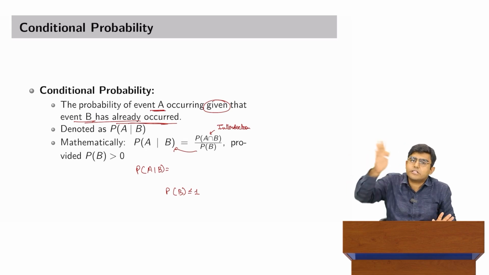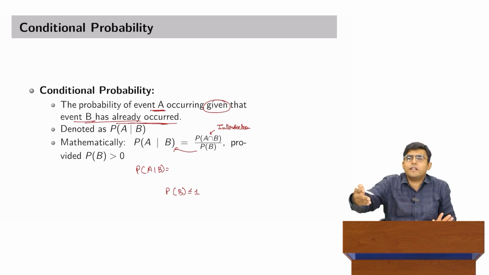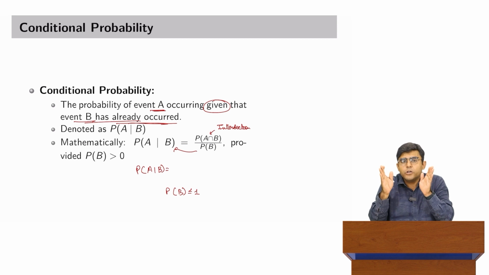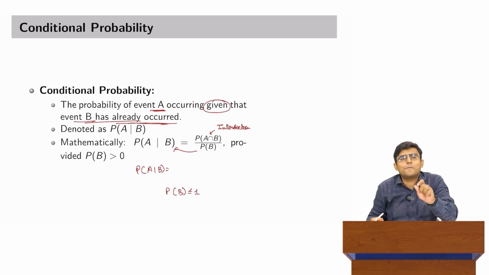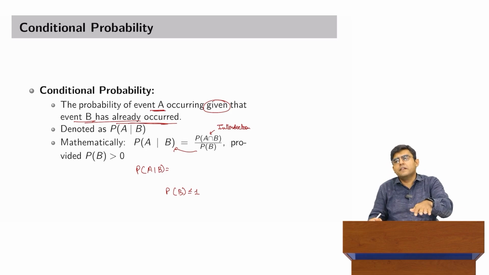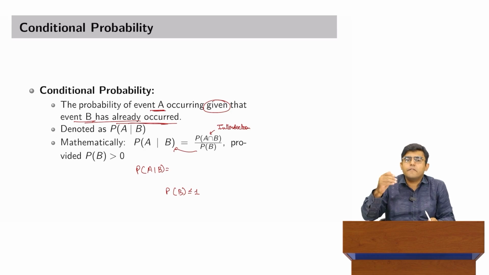Now it is conditioned on another event which has already happened with a certain probability. So it results in lower uncertainty, increasing my confidence in the probability of A happening given that B has already happened. That is why conditional probability is very important in engineering, because it helps us add evidence to the prior belief that we have about a particular system.